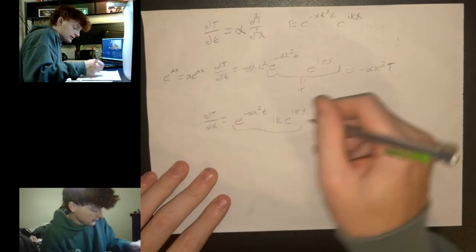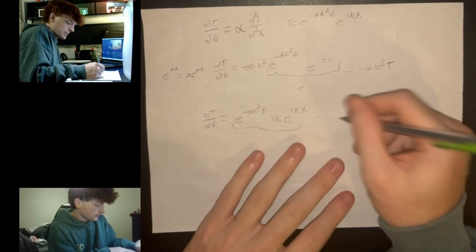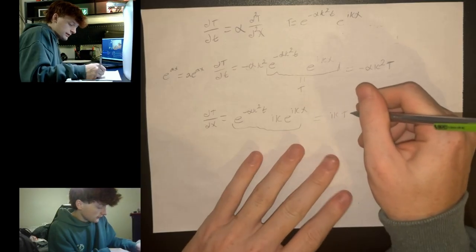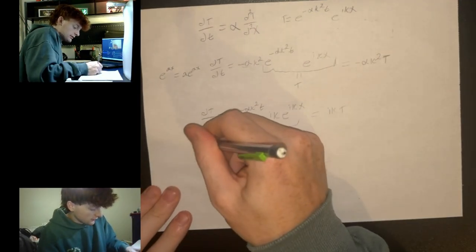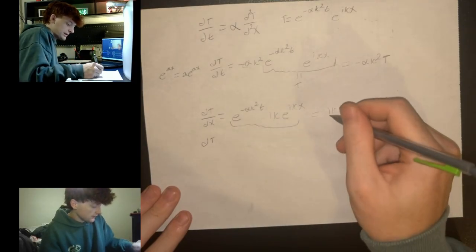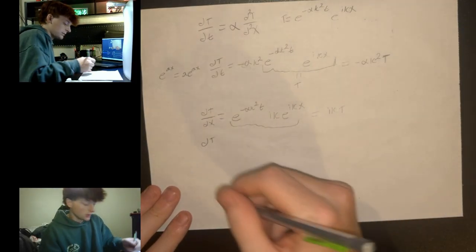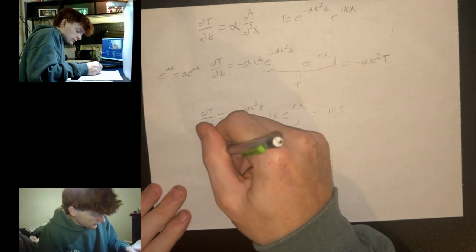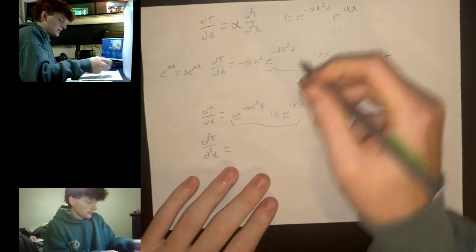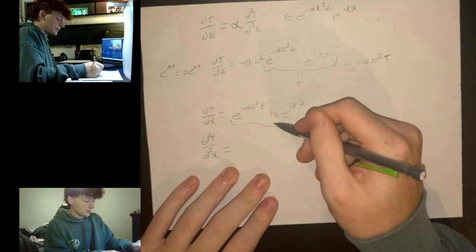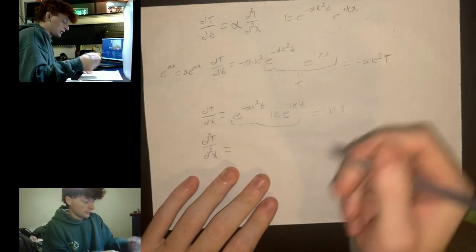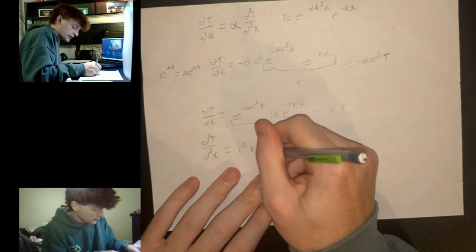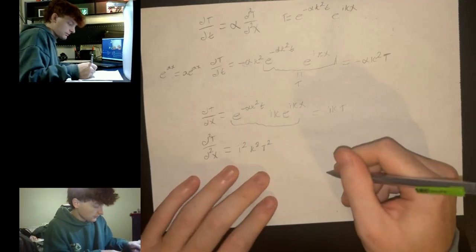So it's just going to be equal to i k T. And the second derivative of this is just going to be i k squared T, because we're basically doing the same thing we did before, but our i k is still there and our T is still there. So we get i squared k squared T.